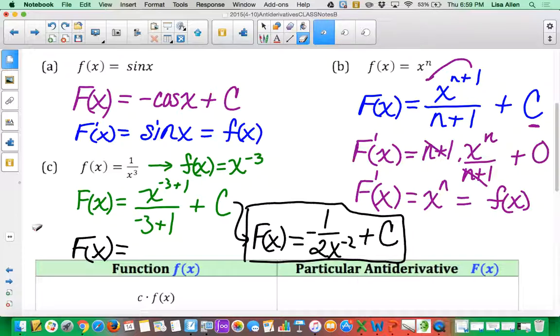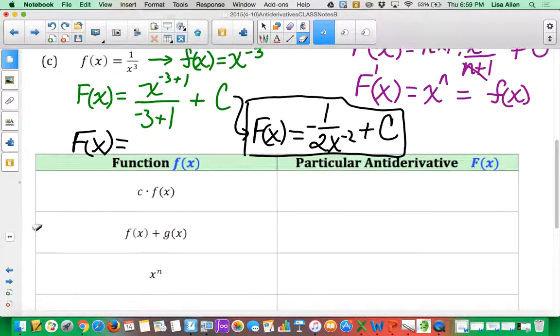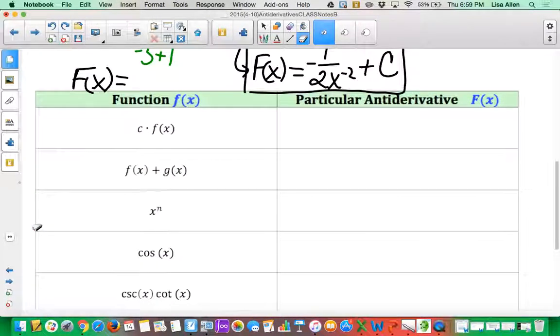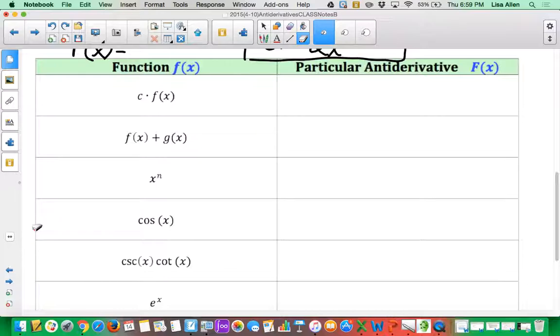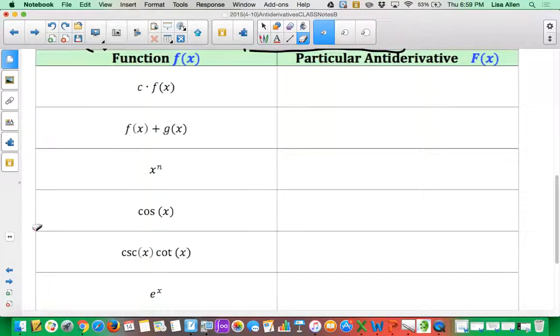Okay, so putting this together in a table, we have a function f of x and a particular antiderivative that we'll talk about. If I'm looking at a function c times f of x, the rule is that when we find the antiderivative, it'll just be c times capital F of x. The c goes along for the ride.